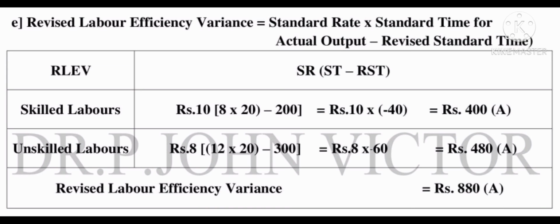Now see, rupees 8 is taken, and within the bracket 12 into 20 is 240, minus 300, we get minus 60. So it is also an adverse value. Finally we get 480 as adverse value. The total value of the revised labor efficiency variance is rupees 880.